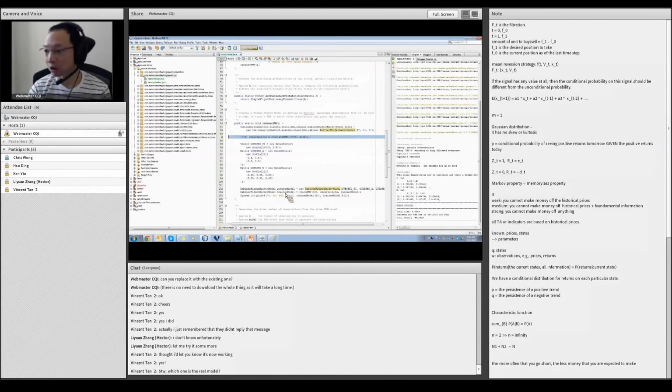Okay. So Vincent, are you able to generate a case where the estimated model does not match the real model?